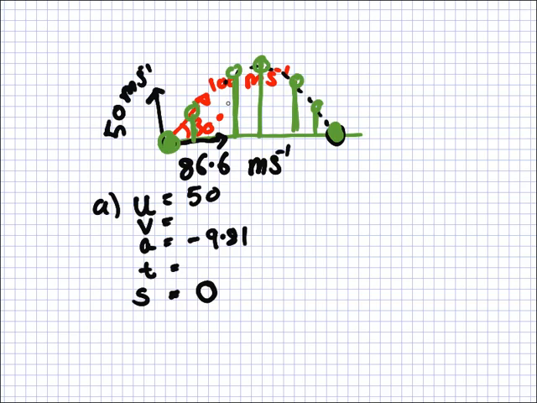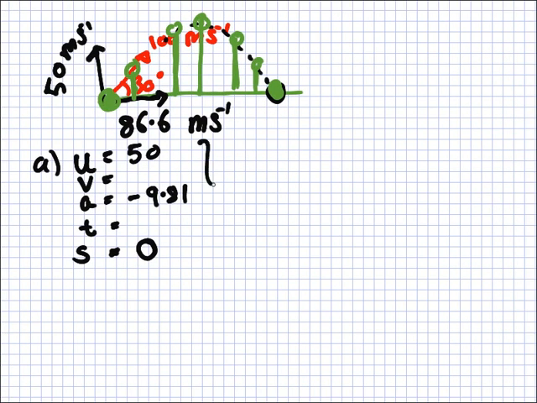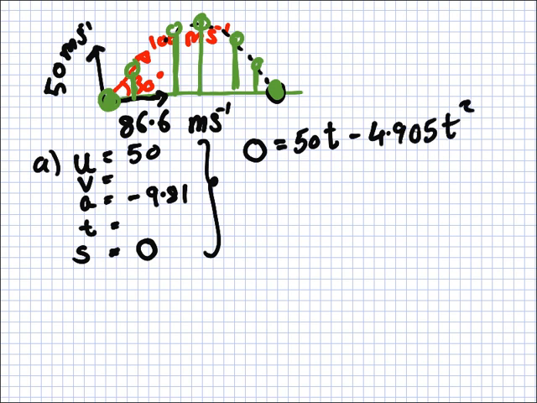So let's have a look at the answers here. I'll use S equals U T plus a half A T squared. What's in common here? t. So I have t times 50 minus 4.905t equals 0.